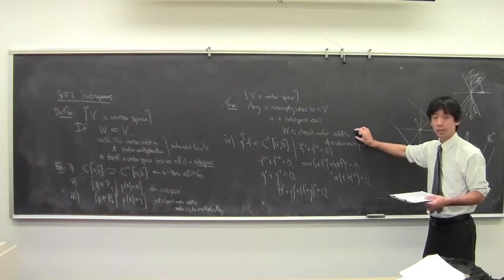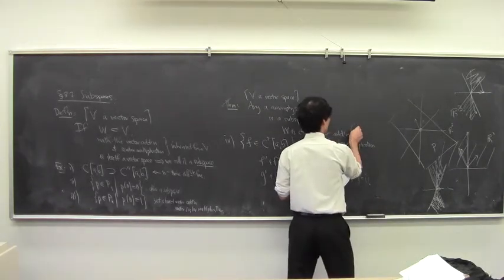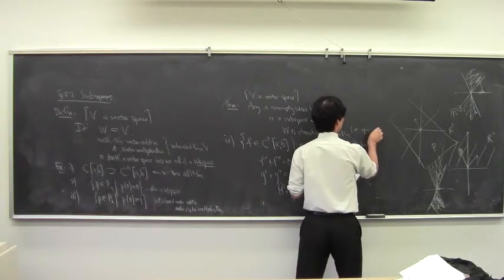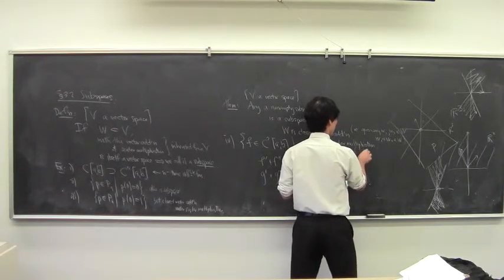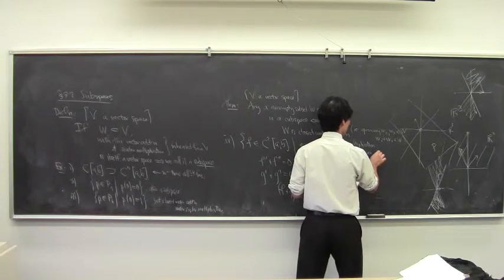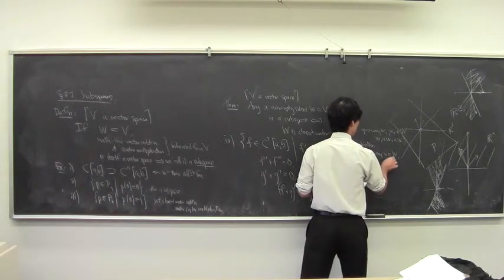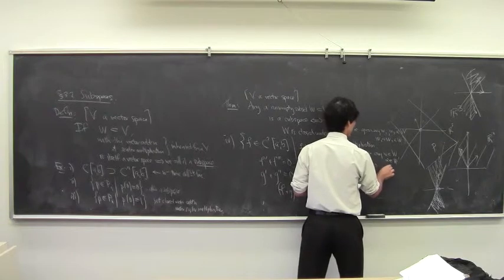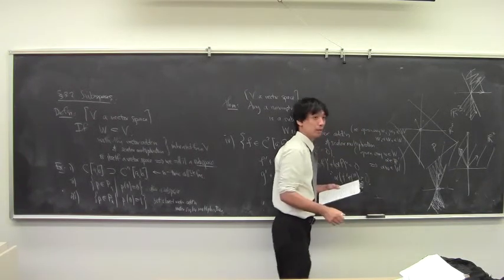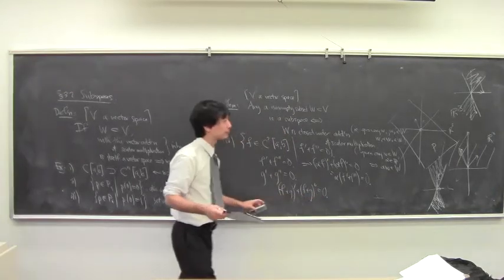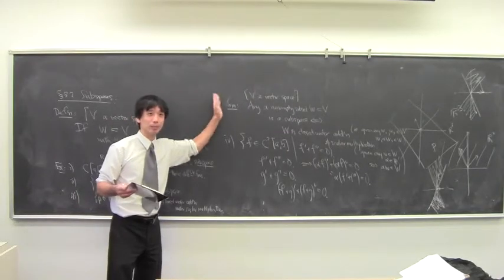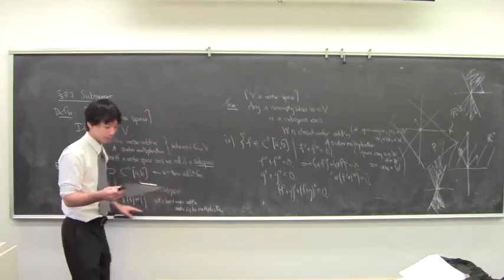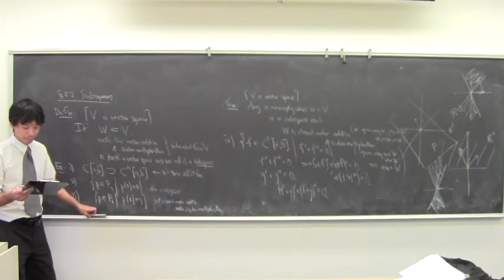Closed under addition means that, given any W1 and W2 in W, the sum is still in W. Closed under scalar multiplication means that given any w in W and alpha in R, then alpha w lies in W. I'm not going to prove this theorem. The proof is boring, so I'm just going to state it.